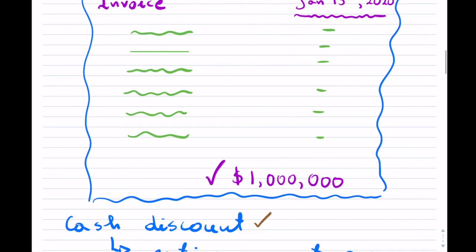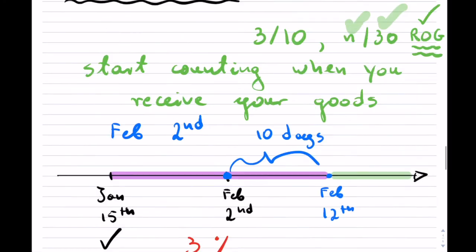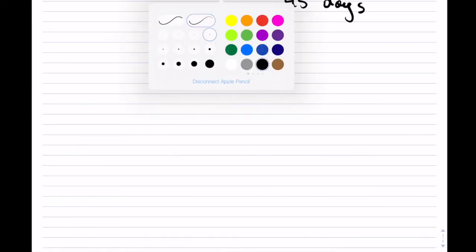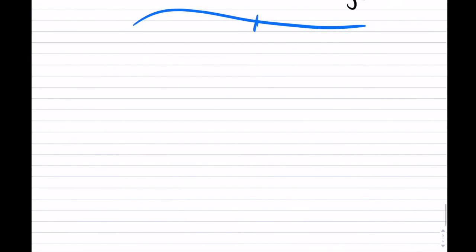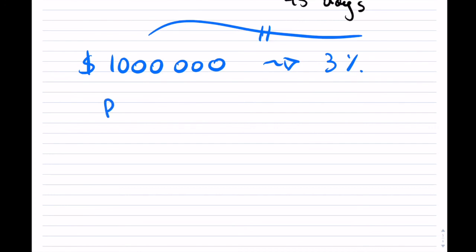Okay, so if you have a discount, let's say if we go back to the 3%, what would have happened is if we took advantage of the 3% discount for that $1 million, so our invoice was $1 million. Let's say we took advantage of the cash discount, which was 3%. Well, then all we do is we want to know what we pay. So our payment is equal to, okay, so it is $1 million minus 3%.